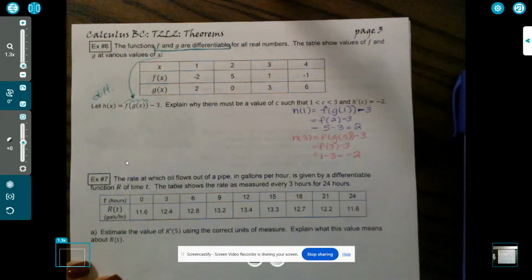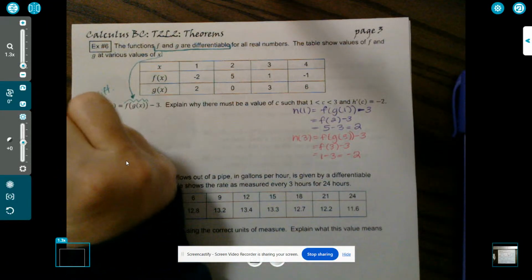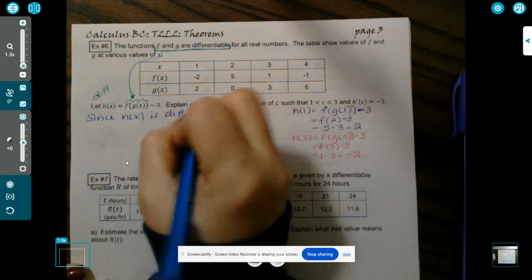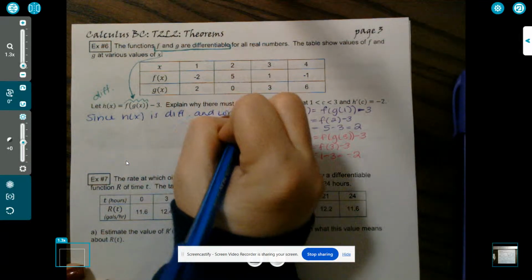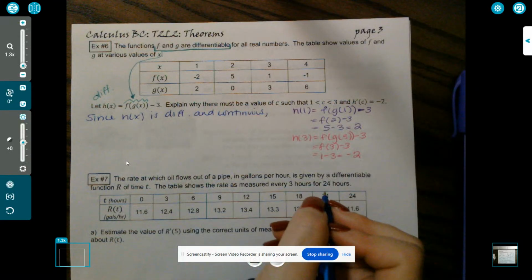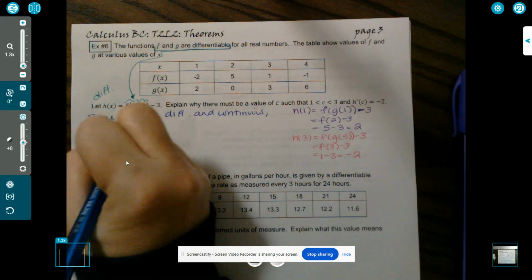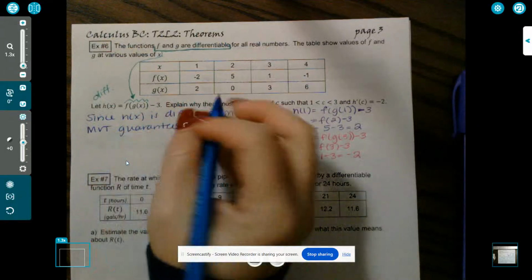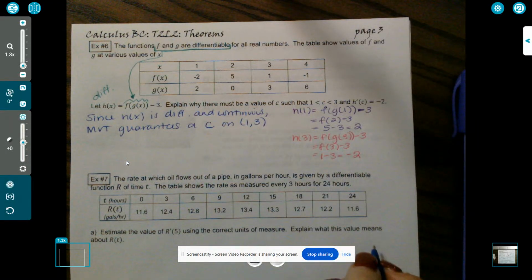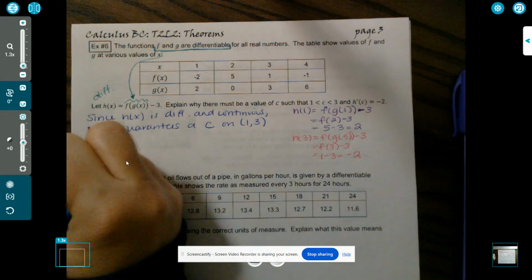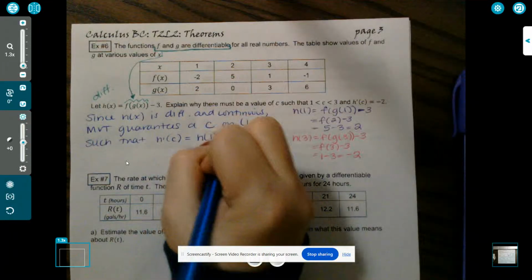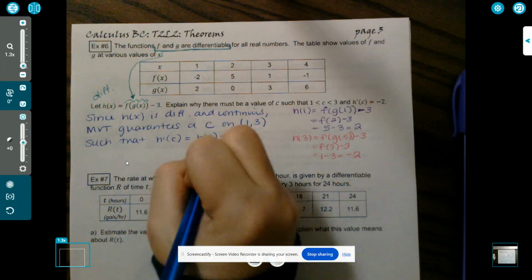Therefore, we can say, since h of x is differentiable and continuous, MVT guarantees a c on the interval [1, 3] such that h prime of c would equal h of 1 minus h of 3 over 1 minus 3.